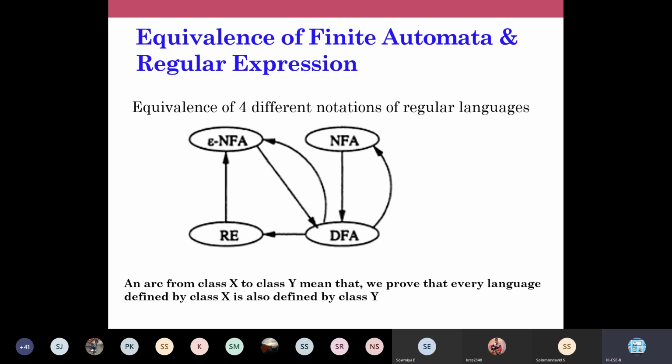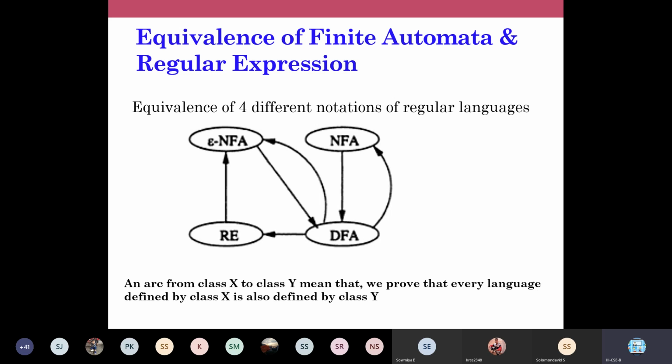Now in this unit, we are going to see problems related to regular expressions. We are going to see how to convert a DFA into a regular expression. Watch this arrow from DFA to regular expression. It denotes that there is a problem in converting a DFA diagram into a regular expression, and also from regular expression to epsilon NFA.